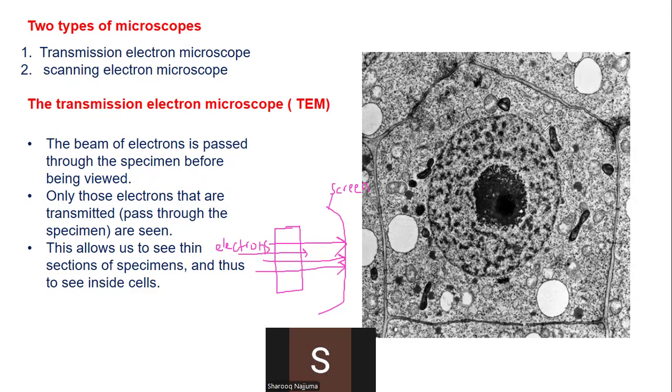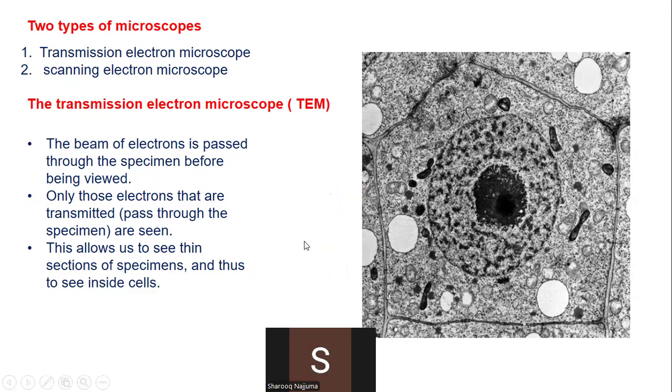You can see the details inside. You can see a nucleus. Maybe this is a mitochondrion or a chloroplast, vacuoles, small vacuoles, cytoplasm. So as long as you can see details inside a cell, just know that a transmission electron microscope was used.